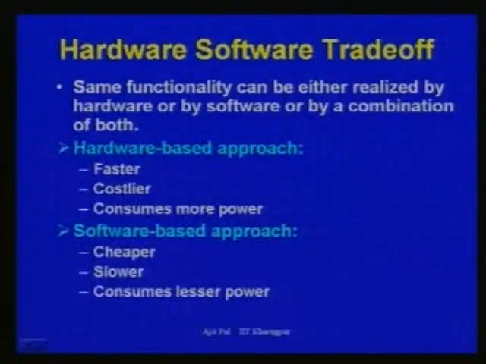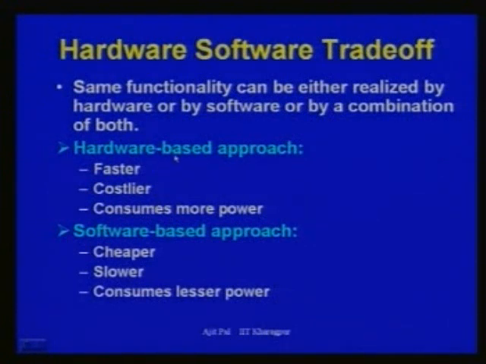That means some of the functionality can be realized either by hardware or by software. So, there is a trade off. If you want high performance, you have to use hardware to do it. So, hardware based approaches will provide you faster circuit, but it will be costlier, it will consume more power.